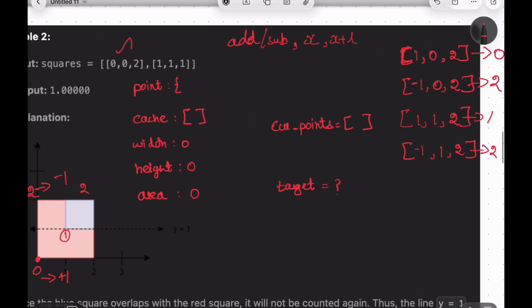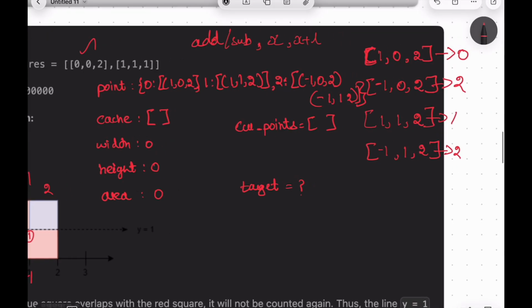So based on that, we have to write it down. So for 0 as key value, we have 1 0 2, and for 1 as the key value, we have 1 1 2, right? And for 2 as the key, we have the values -1 0 2 and -1 1 2, right?